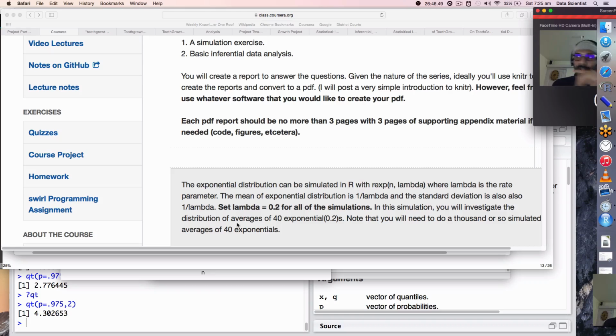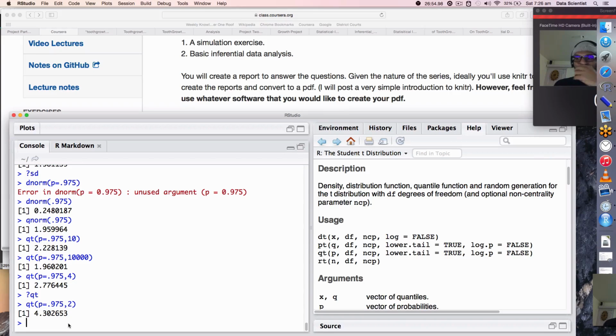So the first question says there's something called the exponential distribution, right? It is represented by rexp. Okay, let me show that to you. If I say rexp, let's say 1000 values. I'm plotting 1000 values, and there is something called lambda in this.